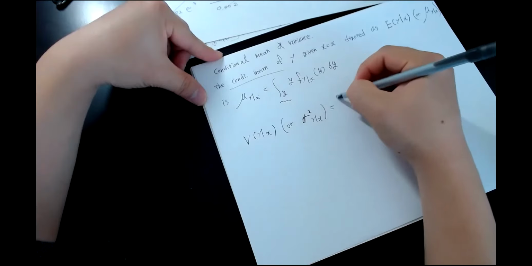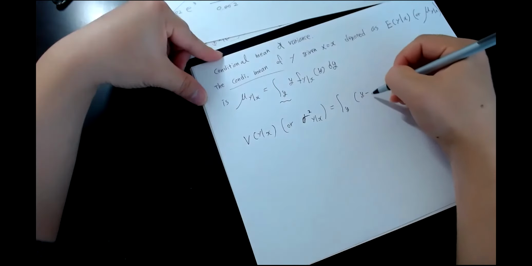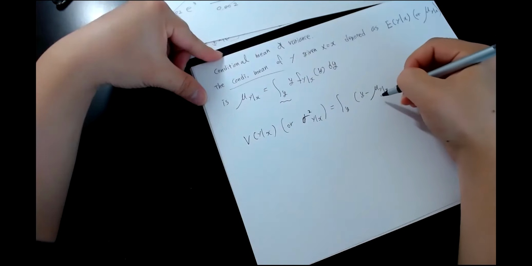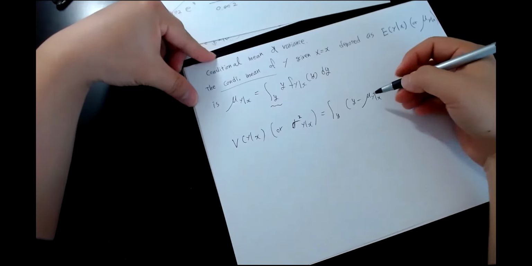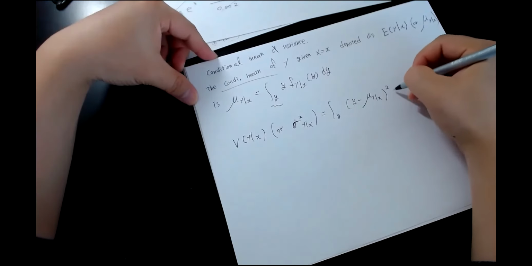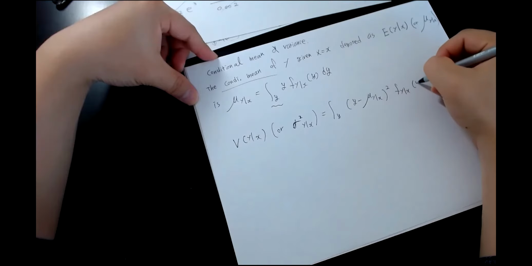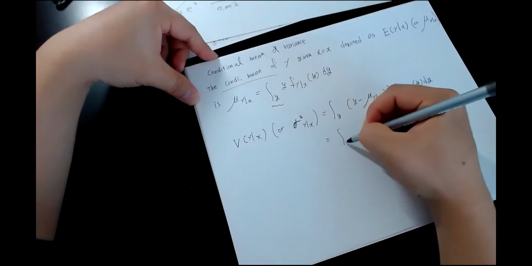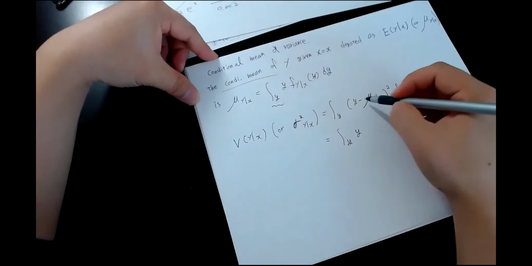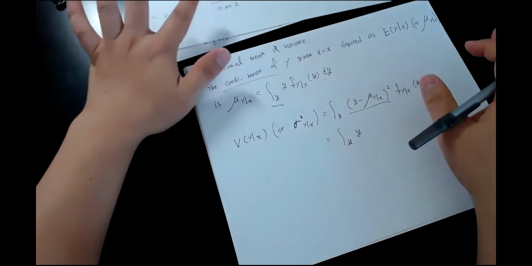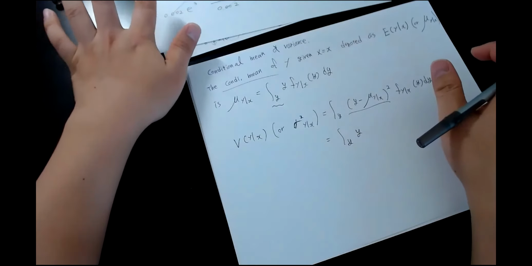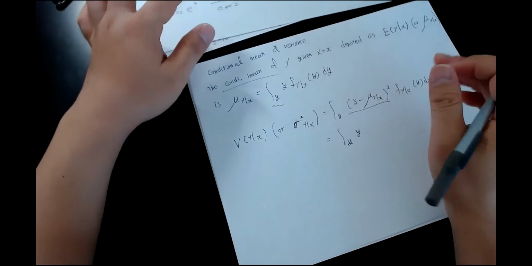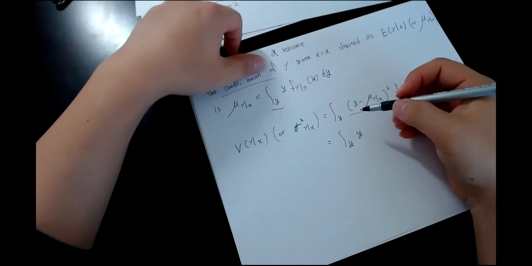That is equal to the integral over y of y minus mu y given x, that's the conditional mean, right, squared times f y given x of y dy. So that is equal to the integral of y, and then expand this, and then simply separate the two integral terms, and then cancel them out.